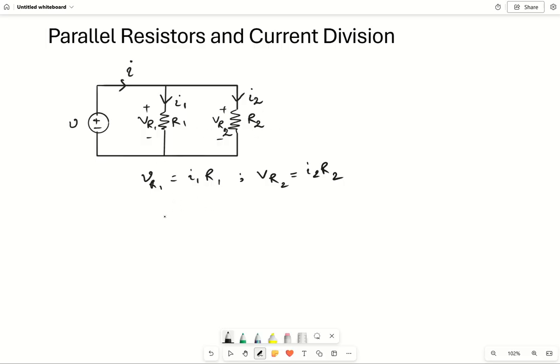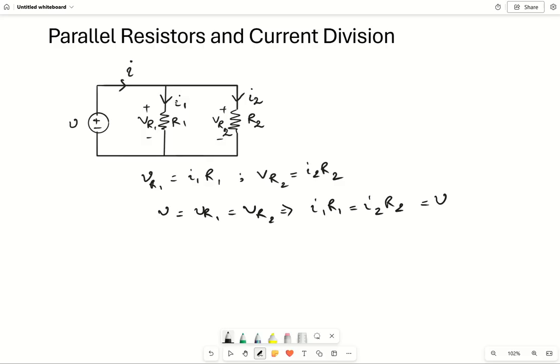So that means V equals VR1 equals VR2, which means the value of I1 R1 equals I2 R2 equals the voltage V. Okay.